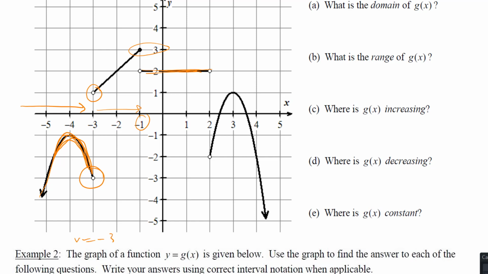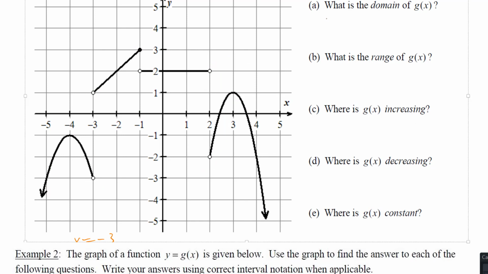And as we move from -1 and continue on, we get to this place, x is 2, for which it switches rules again. And as we can see, at x is 2, there is no output value. Hence, x equals 2 is not part of this domain either. After that, we continue on our way. Everything is defined. So the domain includes all values of x that are not -3 and not 2.